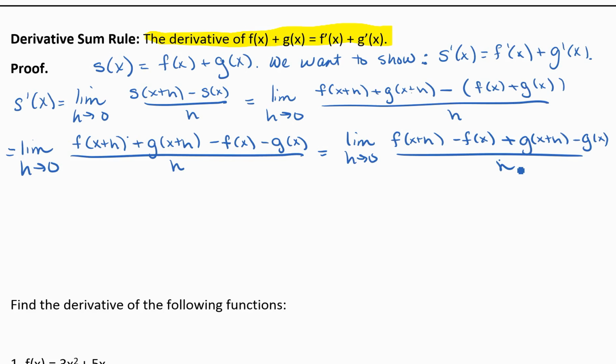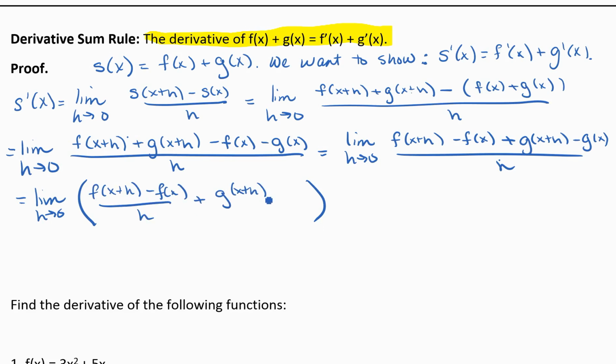And now we can actually break this into two fractions with the same denominator. So this is equal to the limit, h goes to 0. And just to be precise, we're going to put parentheses around this. So it would be f of x plus h minus f of x over h plus g of x plus h minus g of x over h. So we've kind of split that into two pieces.